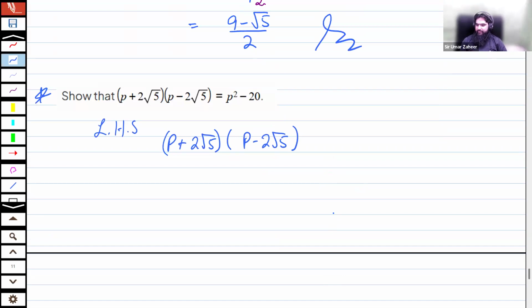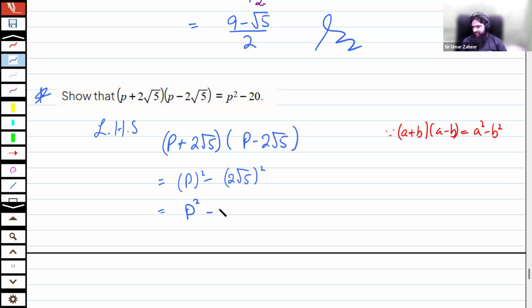So the first term plus second term, first term minus second term, I'm going to use the same identity that I taught you, that a plus b times a minus b will be equal to a square minus b square. So the first term square minus second term square. So p square as it is.